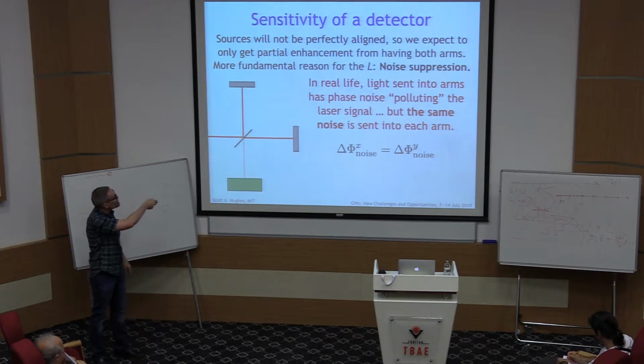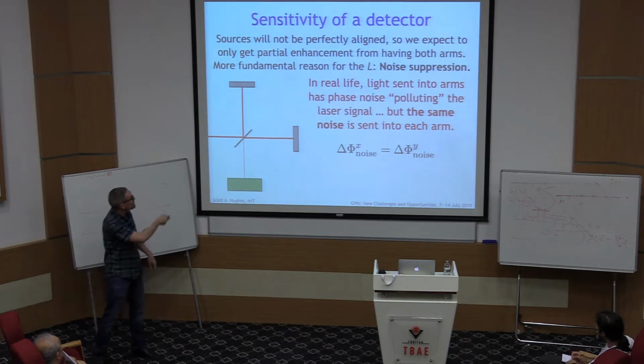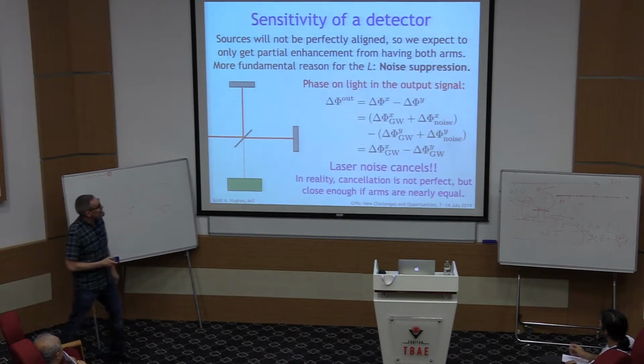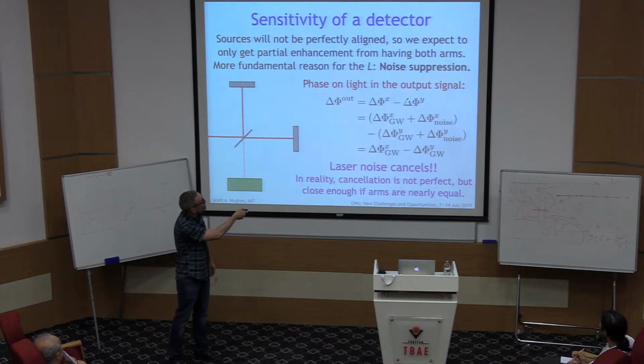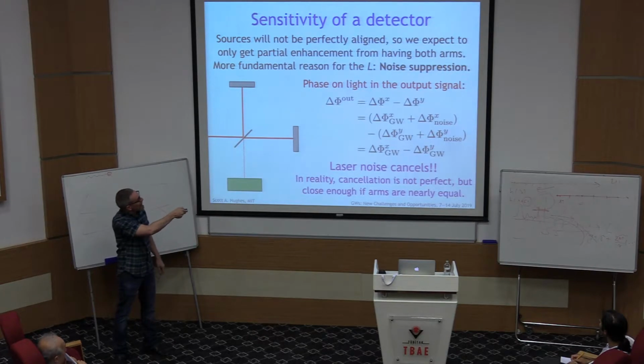But as long as you have a high quality beam splitter into which your signal is sent, the same laser noise goes into the X arm as goes into the Y arm. Although the phase imposed by the gravitational waves has the same sign in the two arms, I design a readout system that is sensitive to the difference in phase of the X arm versus the Y arm.